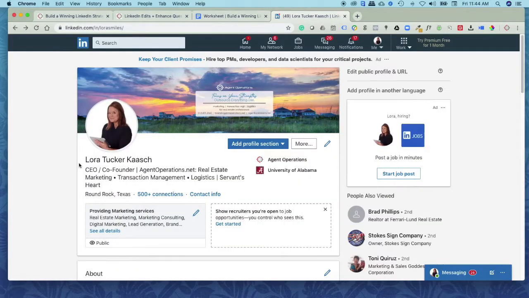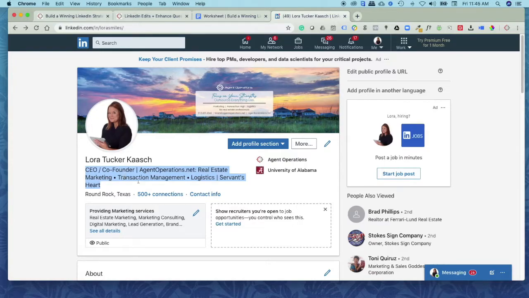So if you look at mine, for example, this is my headline. There's a couple of reasons I roll with it this way. Agentoperations.net, I want my contact information to be so easy for agents and real estate professionals to find. Real estate marketing is basically one of my long-standing hashtags.